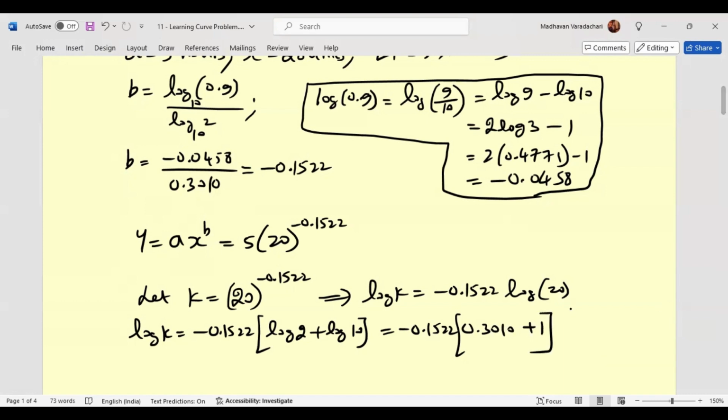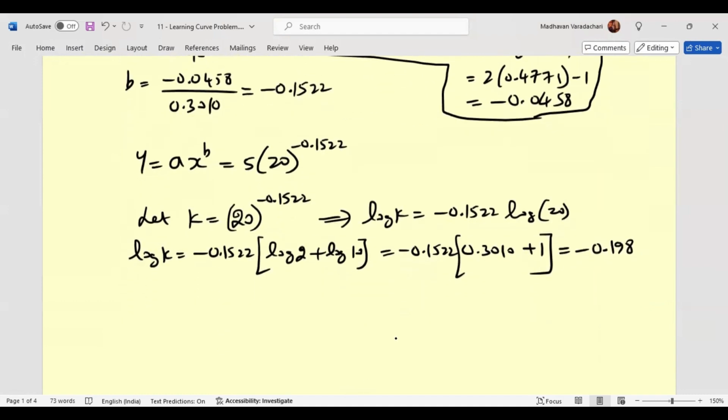So if we calculate this, we will get negative 0.198. That means k is antilog of negative 0.198.